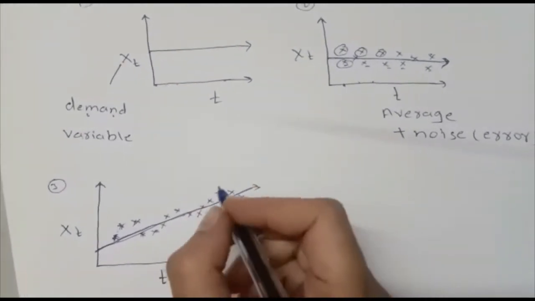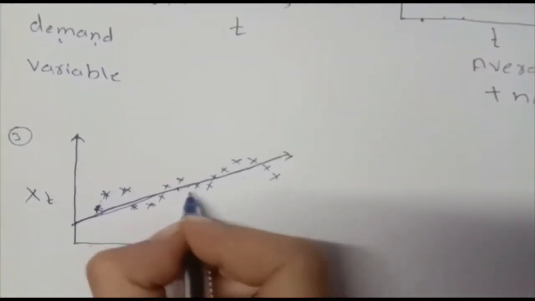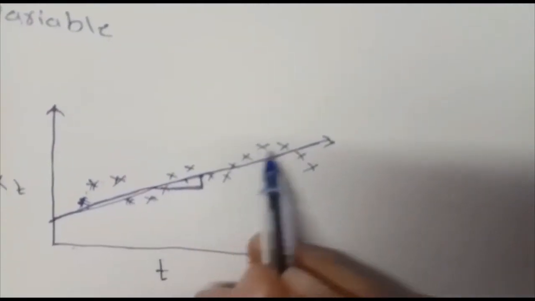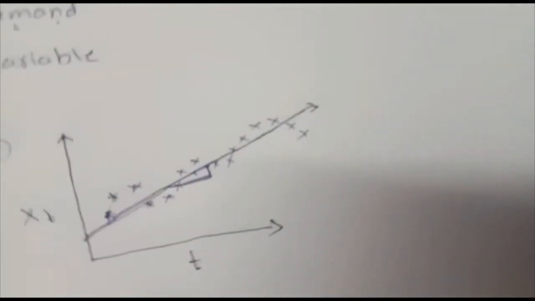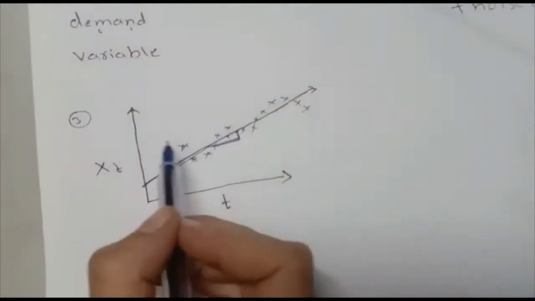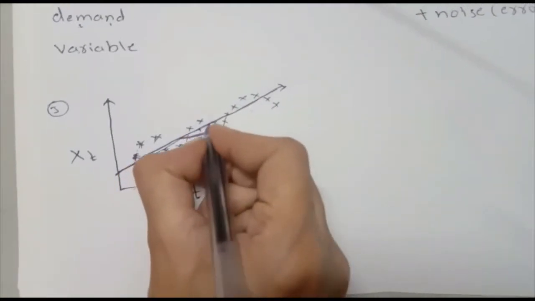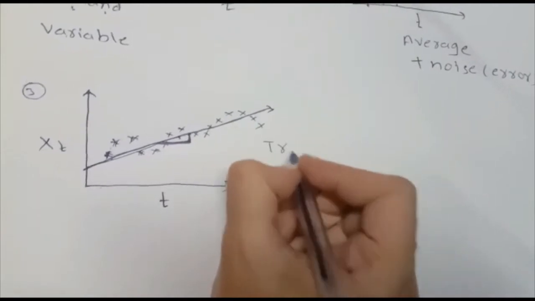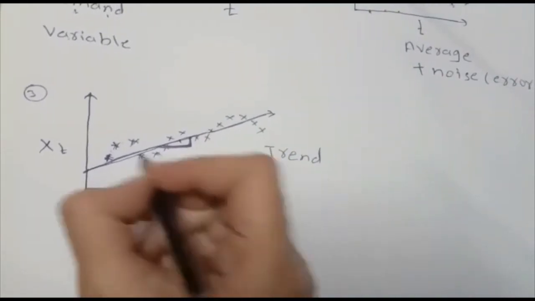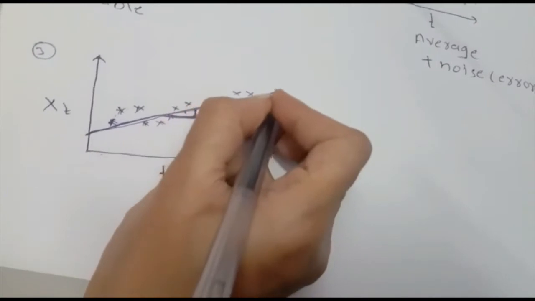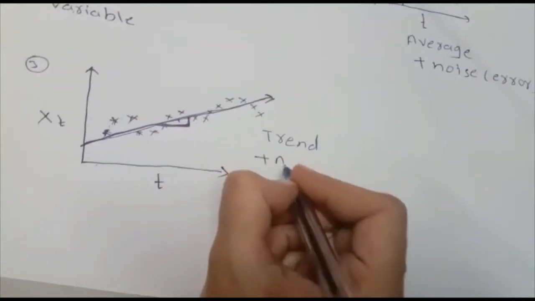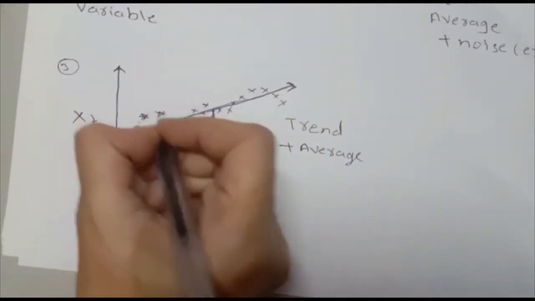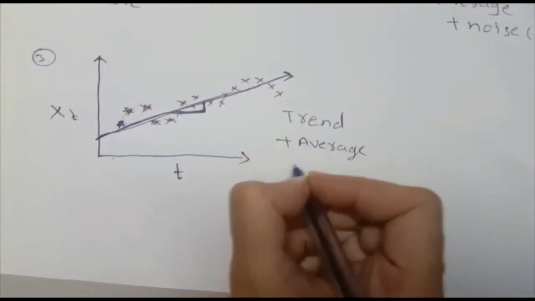But if you see this graph carefully, there is one trend. And what is the trend? The value of demand increases. So we can say this slope shows the trend. So trend, plus we are taking the average value of changing demand, so average plus these values of noise, or we can say error.